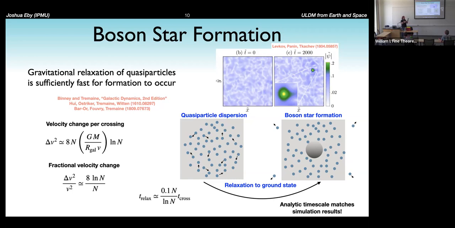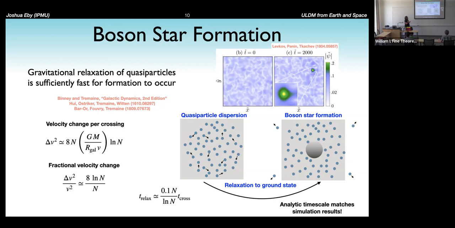People usually talk about this in the context of stellar collapse in galaxies. These quasi-particles can be very heavy for ultralight dark matter, and they will exchange small amounts of energy through gravitational scattering. Some of them will gain a little bit of energy, some of them will lose a little bit, but this happens many, many times over the lifetime of a halo.